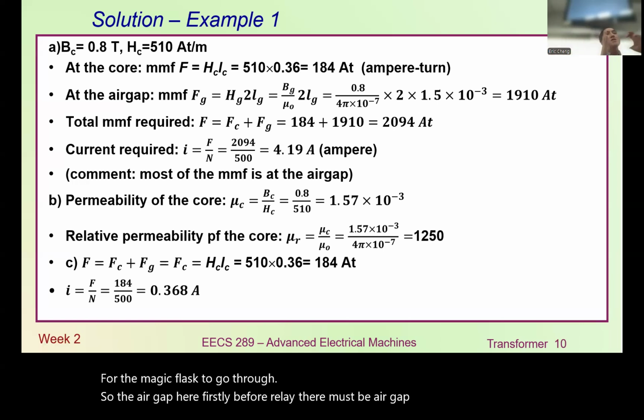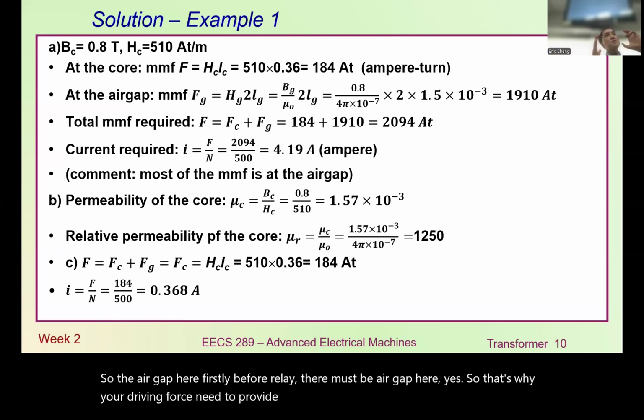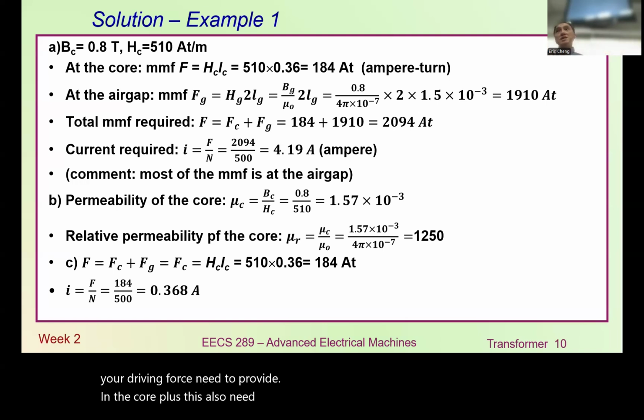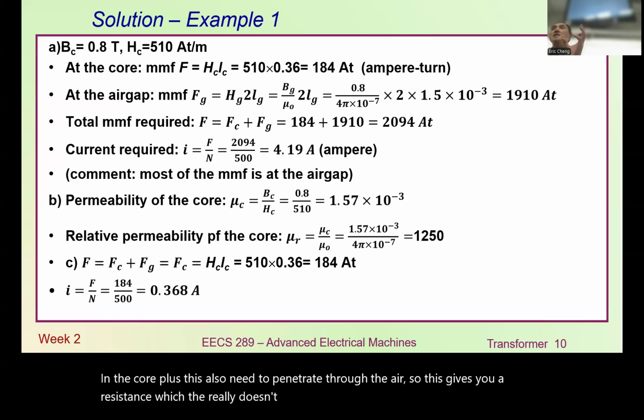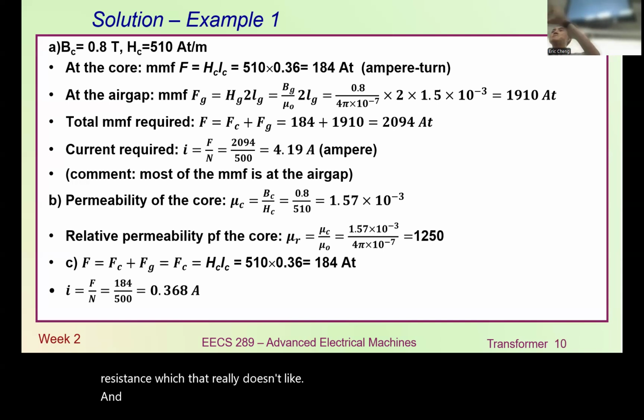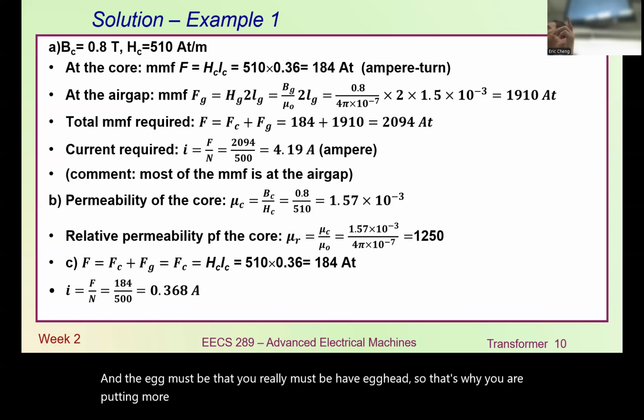So your driving force needs to provide a good magnetic flux into the core, because it also needs to penetrate through the air. This gives you a resistance which the relay doesn't like, but the air gap must be there because a relay must have an air gap. So that's why you put in more energy, with more current required for the relay, before closing the air gap.